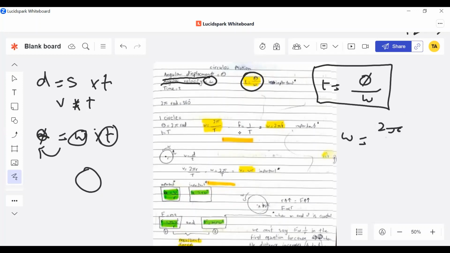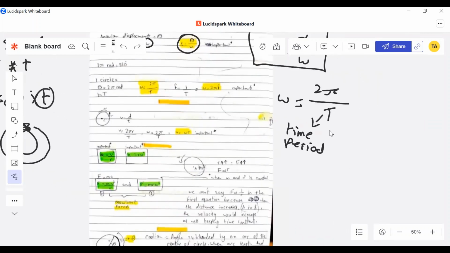So the distance is 2 pi and the time is capital T. What is capital T? Capital T is the time period. What do I mean by time period? Time period is the time taken to travel one complete circle, right? So one complete circle takes this much time, or capital T.